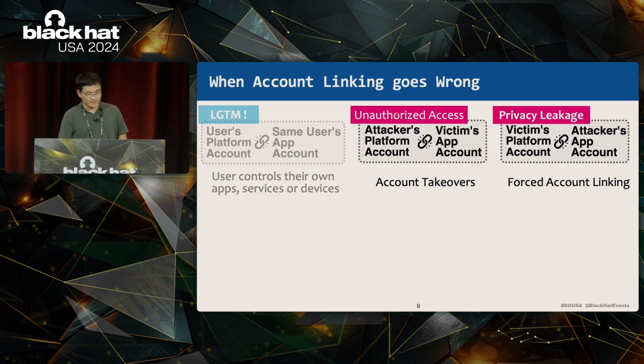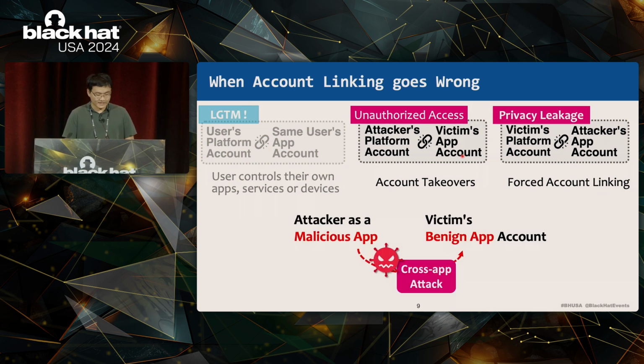So this will cause unauthorized access. On the other hand, if I, as an attacker, can unknowingly bind my Lyft account to your Alexa account, then I can track your traces whenever you request a ride in the future. So these impacts could be realized with the attacker's presence as a malicious app, targeting a benign app, and we refer to it as the cross-app attack scenario.